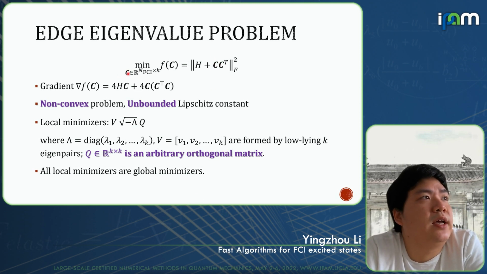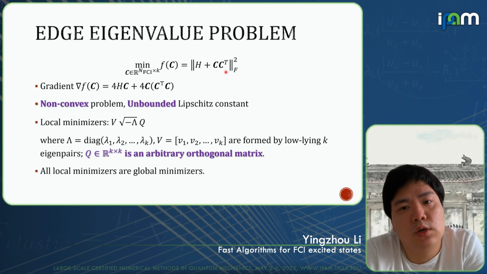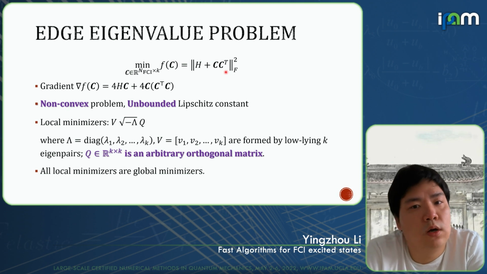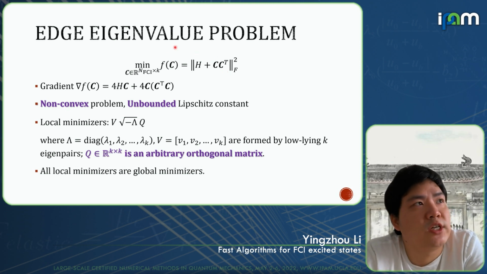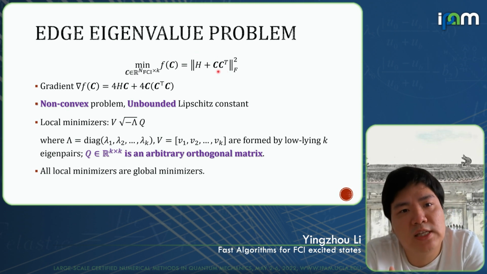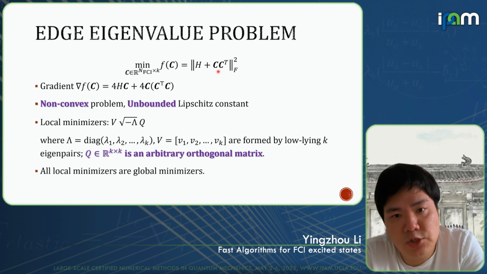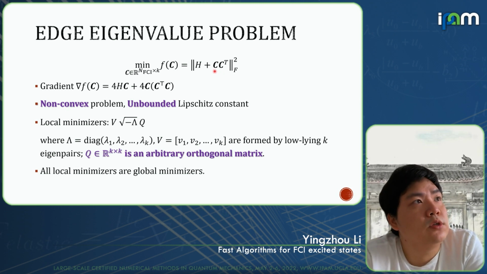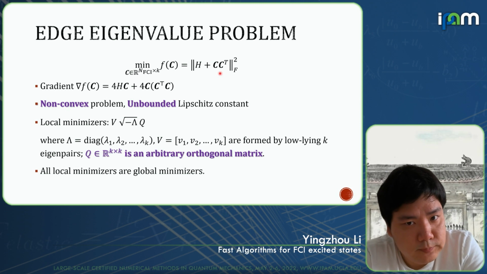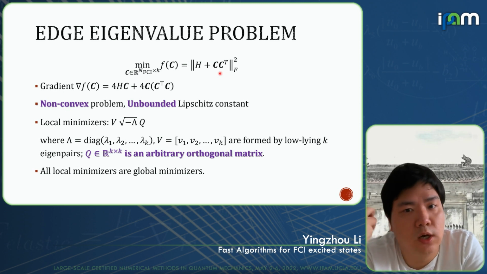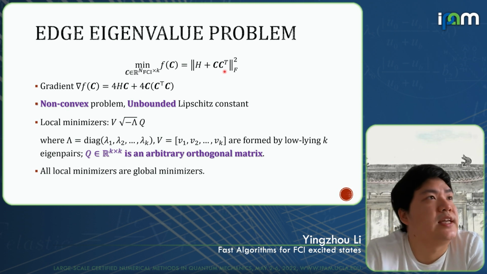C is now an M by K matrix, and C transpose is nothing but the row matrix. This is the objective function. So we view the eigenvalue problem as an optimization problem, then address the optimization problem using the coordinate descent method. This is the essential idea. Further, we also contribute to how to select coordinates, how to compress those coordinates, etc.